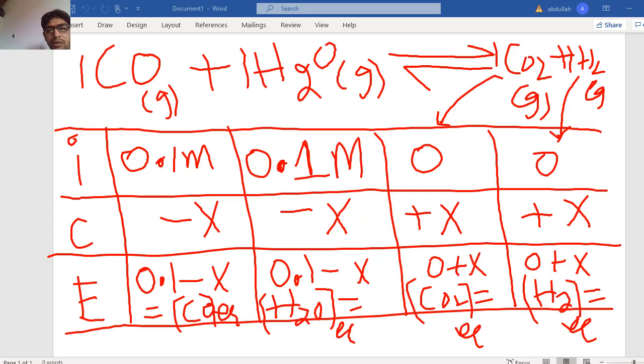Now the equilibrium constant is given to us at 600 Kelvin.